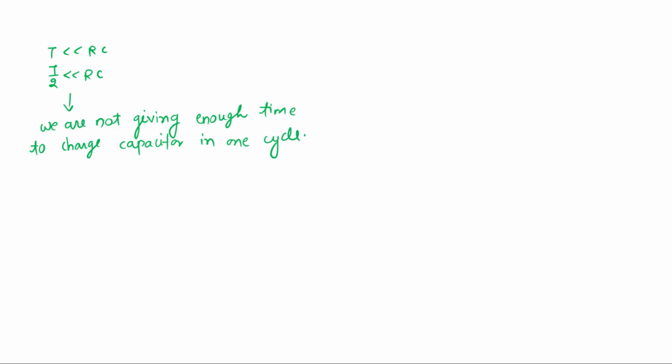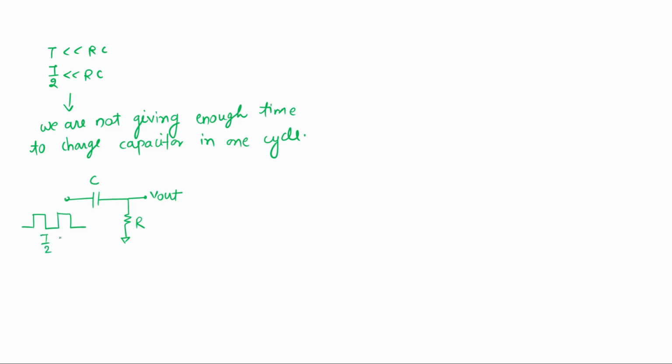So it will take many cycles to reach some steady state value for the capacitor, because we are not giving the time. Again, the circuit is the same: R, C, out, V in, in simple words.